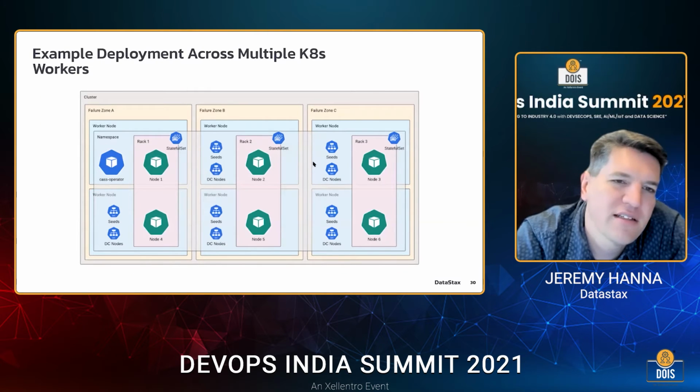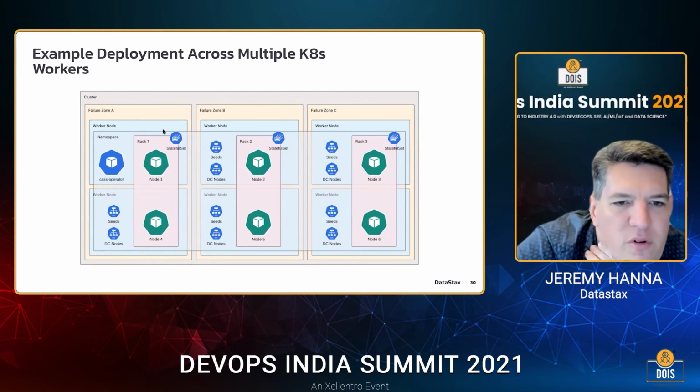So this is an example deployment working across multiple Kubernetes workers. So you have rack 1, and you have a stateful set here with node 1 and node 4, node 2 and node 5, and node 3 and node 6. And then this is failure zone A, B, and C. And so this might be within a region, you have different availability zones.